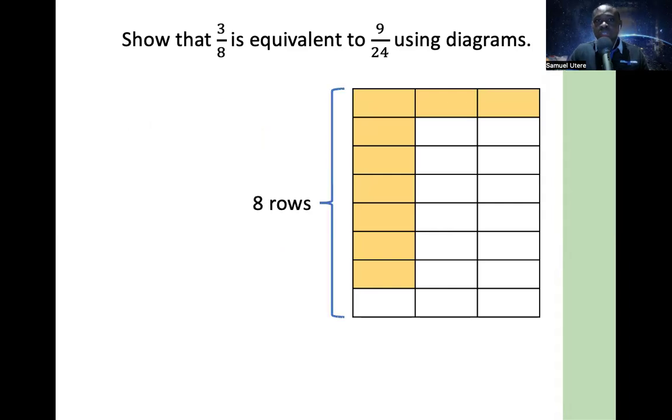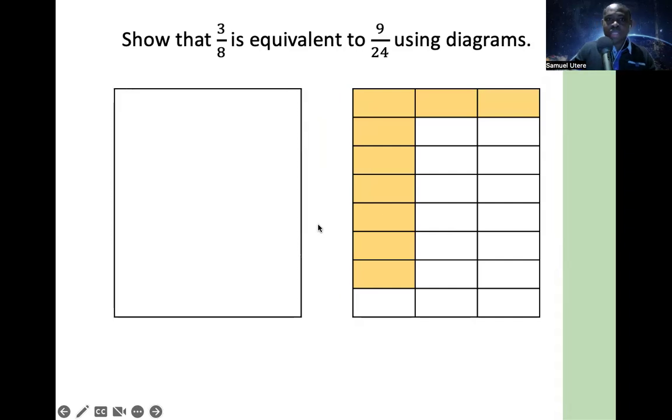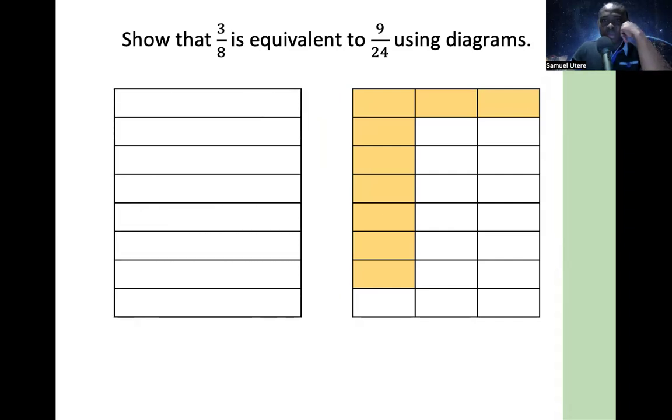But what if we change it? So we say, okay, we know there are 8 rows. What if we have another rectangle that has 8 rows and we try to find equivalence by comparing parts that we can shade to show that the parts we shade will be equal to these parts here? If we do it like this, that may look, well, 3/8. Yeah, we've shaded 3/8, but can we easily spot equivalence?